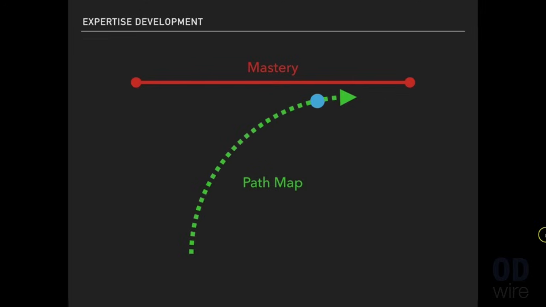So what I tried to do is to give you a little teaser of some things to come, some other things that I talk about, some other things that ZEISS talks about. I know that we're all at different spots on our path map, but I think all of us are moving towards this concept of mastery. Remember, mastery is an asymptote. You're never going to get there. You can only just keep improving your expertise and getting better and better.